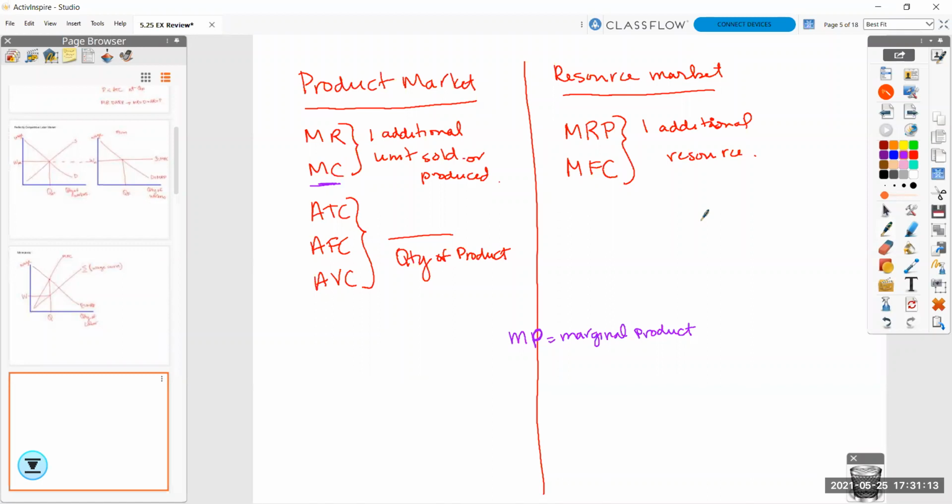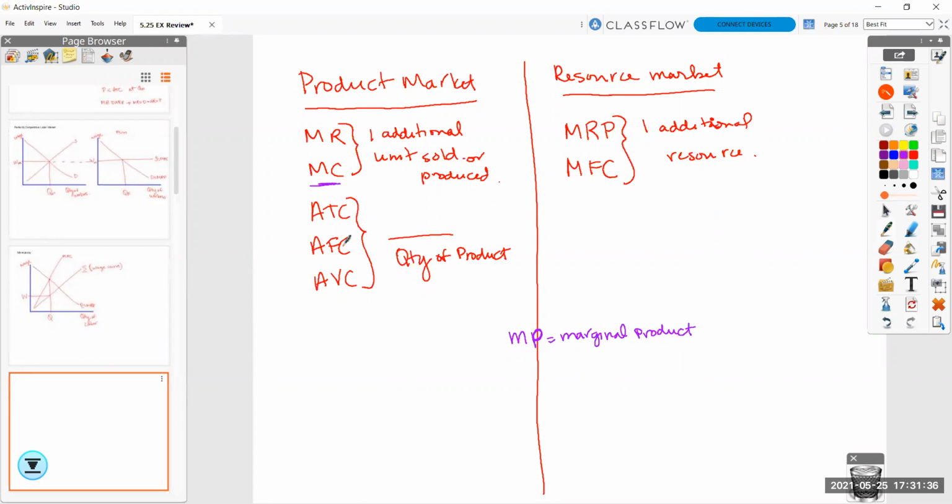I have to look at all of the resources that I hired. How productive were they? Because their productivity impacts the cost that gets associated with that 100th unit. And their productivity is measured by the marginal product. So that's how it's tied to the product side.